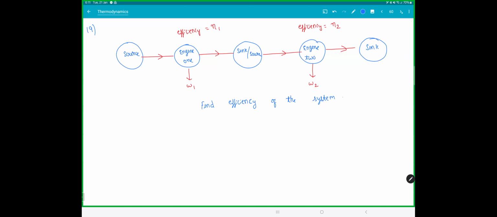Yeah, like I said, W1, W2 are not given. Right? Yeah, that's confusing you. I'll just write like this. Only thing you know is eta 1 and eta 2.